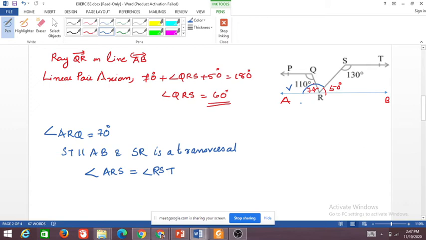So they are equal. Can I say that? So what do you think? Can I say that? Yes, ma'am. Alternate interior angles are equal. Yeah, alternate interior angles are equal. Why? Because these lines are parallel. So by that theorem, ma'am, one already I have said. Yeah, that's why I was telling you. So you just told me another method and I stopped you there. Alternate interior angles are equal.